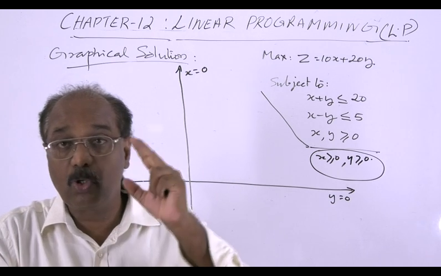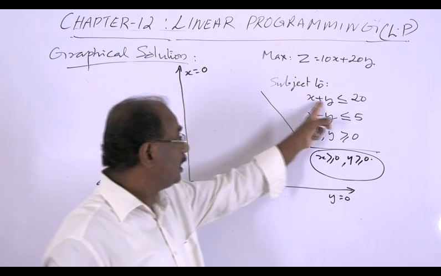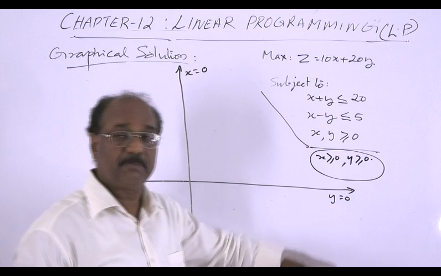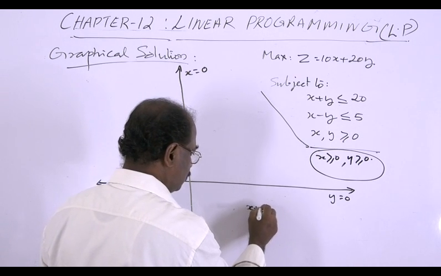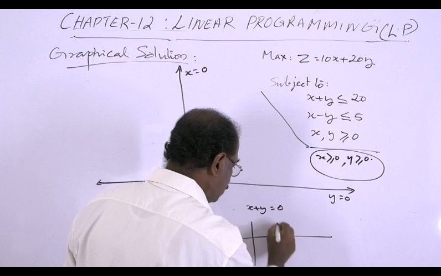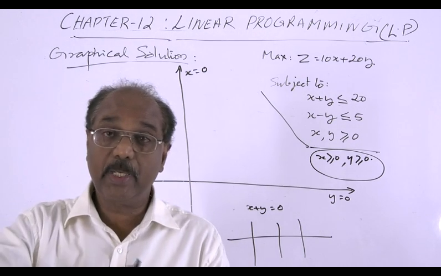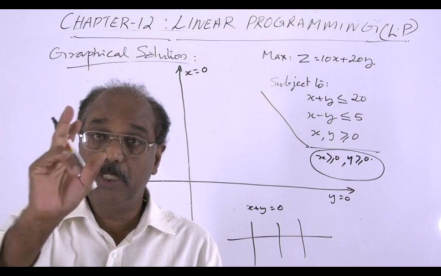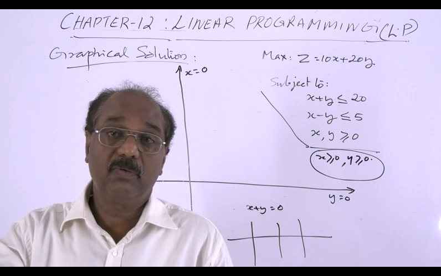Now there are two more lines. Now draw x plus y equal to 20. For this, find two points to mark and draw the line. To draw a line, we need only two points.